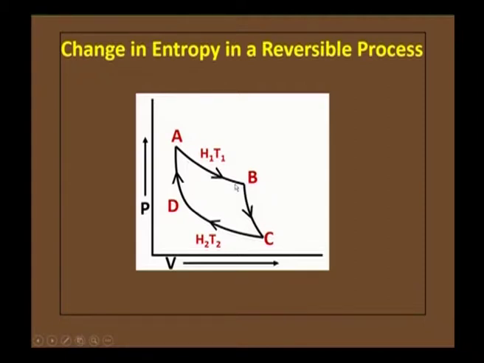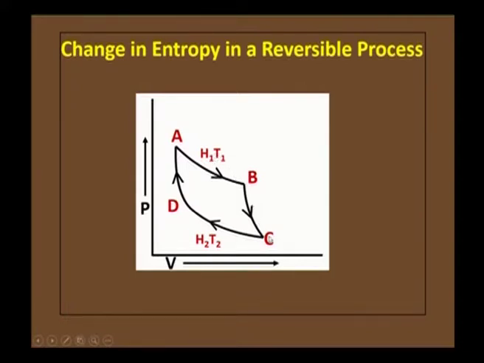From A to B, heat energy is absorbed at a temperature T1, or in other words, a required amount of heat energy H1 is absorbed at a temperature T1.